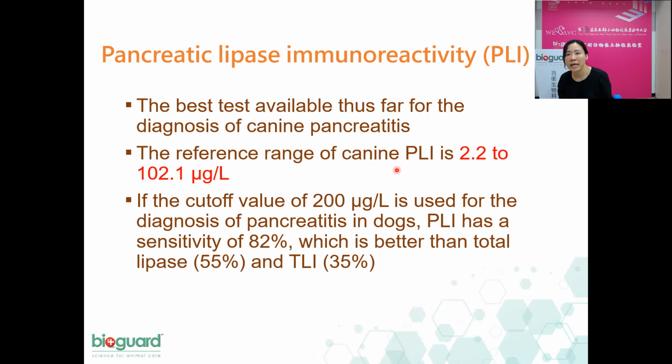The canine normal reference value is around 2 to 100 micrograms per liter.